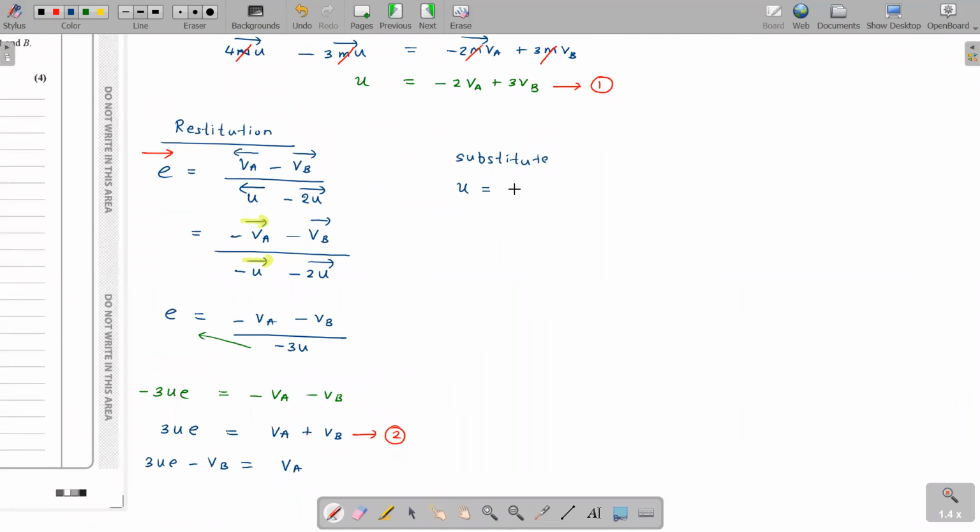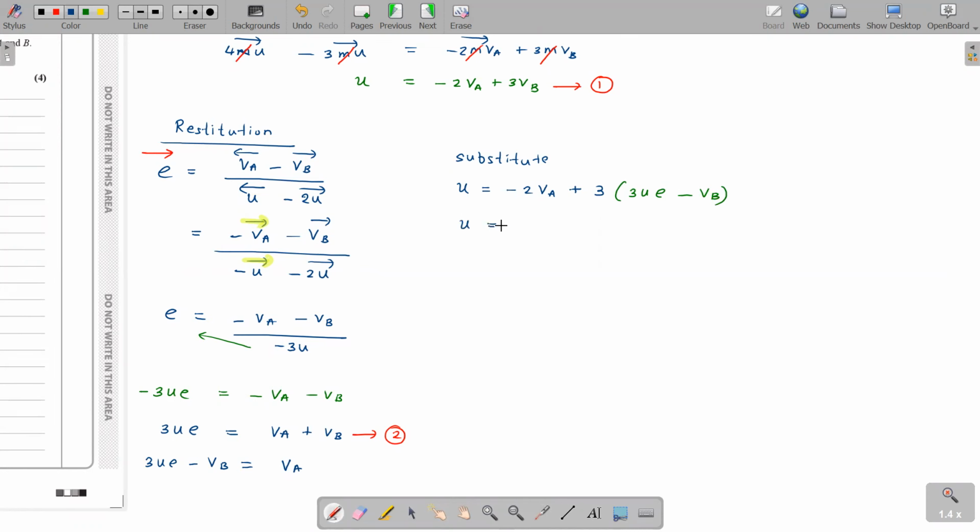So U equal minus 2 times velocity A plus 3 times velocity B, where velocity A is inside brackets 3UE minus velocity of B. I substitute this value. Is that okay?